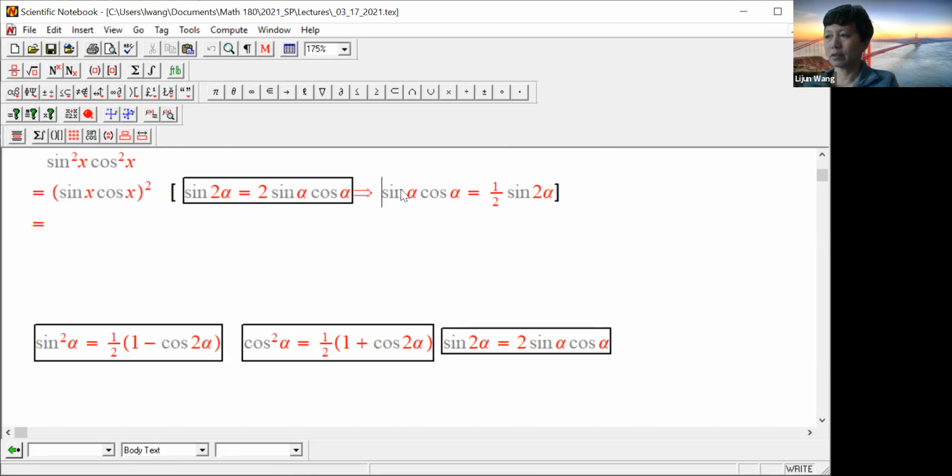So I'm going to use this in here. The squared is still there, but alpha turned into x. So over here, I'm going to have this guy.